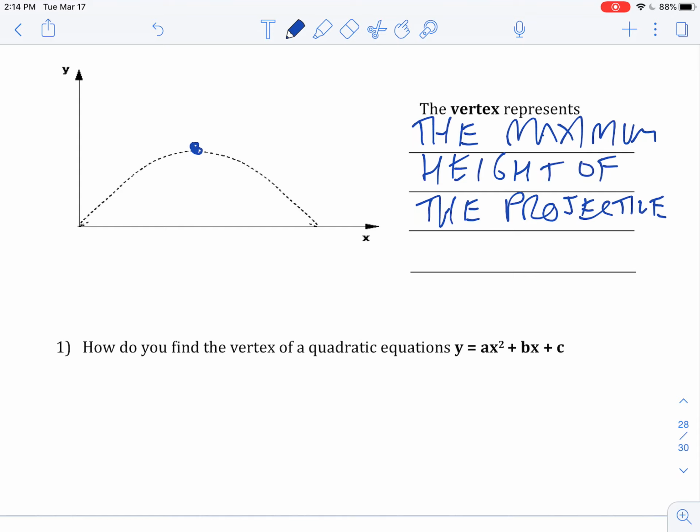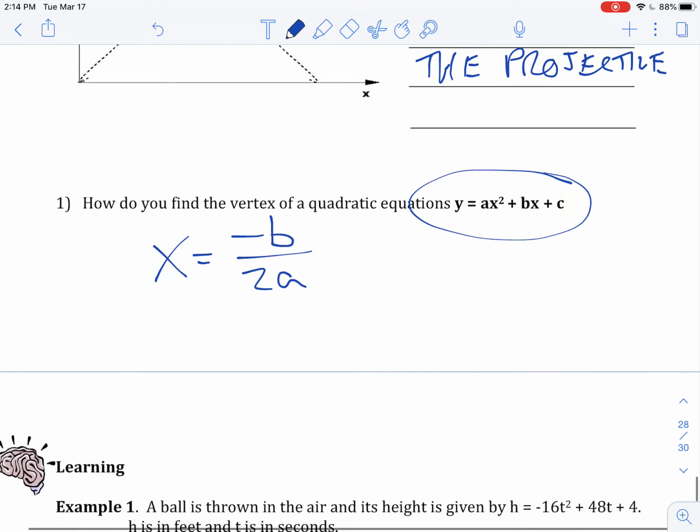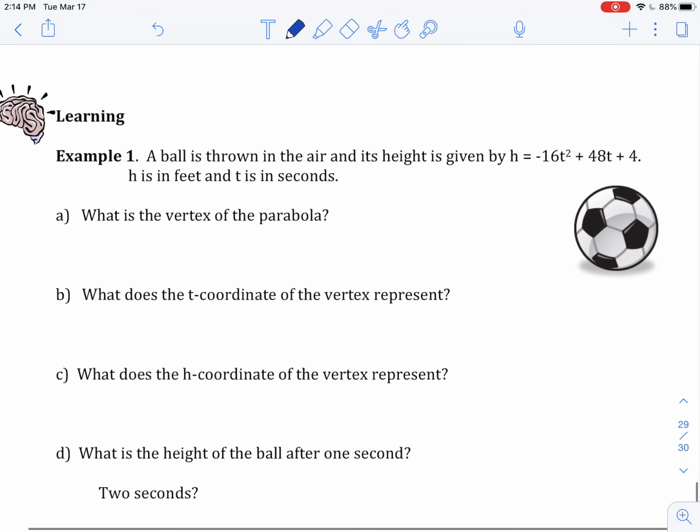And if you remember how to find the vertex, you use this little equation, x equals negative b over 2a, when it's in standard form. So when you have a quadratic equation in this form, you do negative b over 2a, that gives you the x of the vertex, and then when you want the y, you simply substitute that number into x to find y, and we'll see some of those just now.